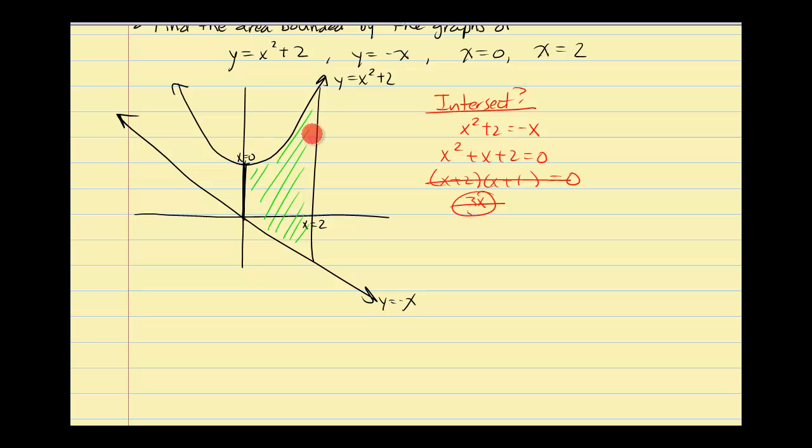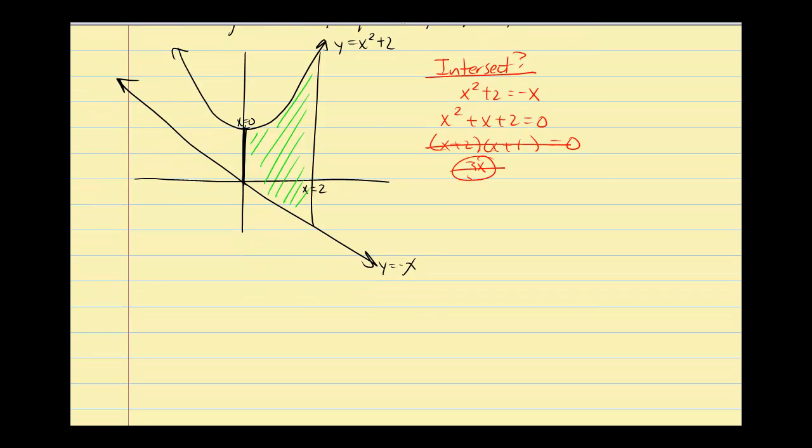And then in this upper triangle shape, it's a smooth curve here, so it's not exactly a triangle. What I have here is the right curve is the same, but my left curve would be this parabola. So to do horizontal rectangles, I'd have to set up 3 integrals. And not only that, but I'd have to solve this for x, and deal with plus or minus square roots. So I'm thinking horizontal rectangles are not the way to go.